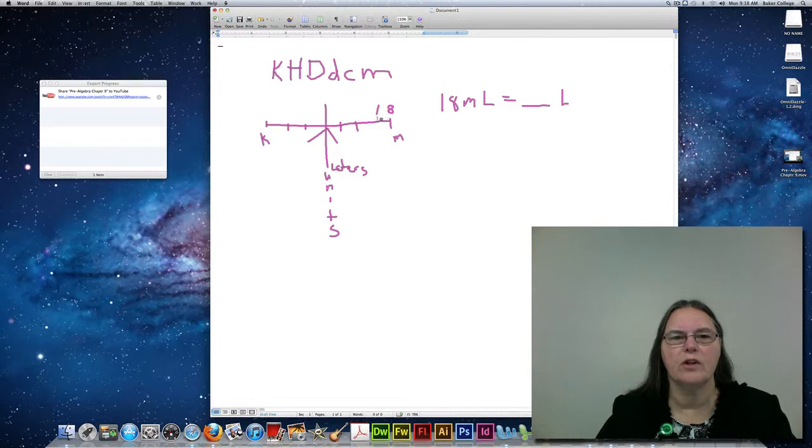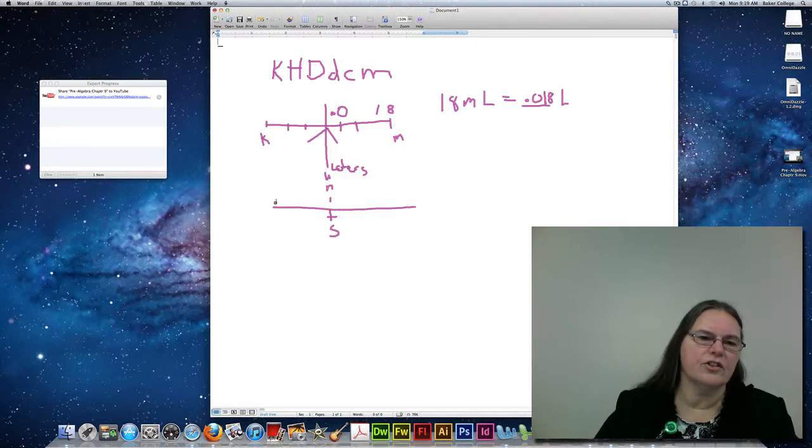It's taking up 1, 2 positions right now, so it needs something here. So in order to get to here, I have to have a 0 in front of it. And it's still not in the whole unit yet. So this becomes 0.018. Now as I go this direction, this number, if it's in this position, is going to get smaller.